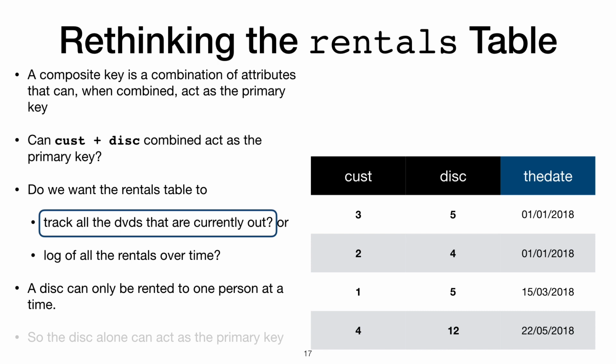So suppose we only wanted the table to keep track of all of the DVDs that are currently out. So the idea is that a disc is in this table if it's rented. This tells us who rented it and the date they rented it. And when the disc comes back, it's not rented anymore, so we delete it from this table.